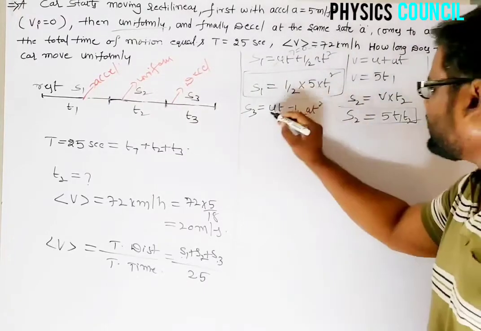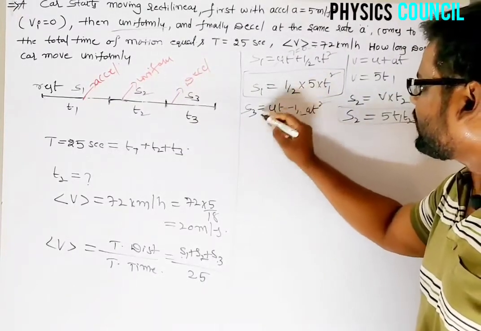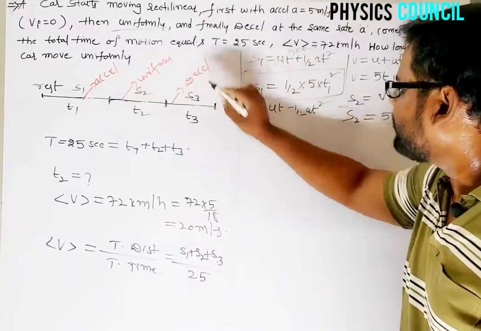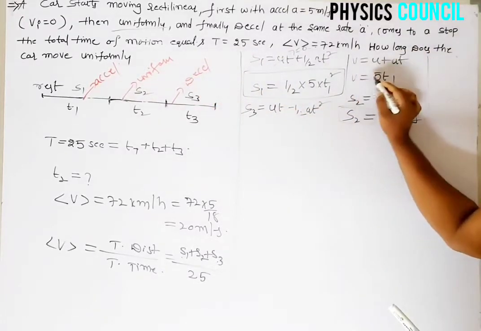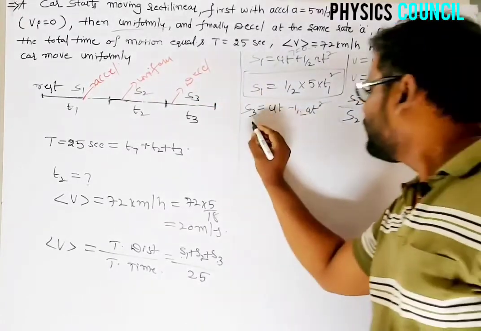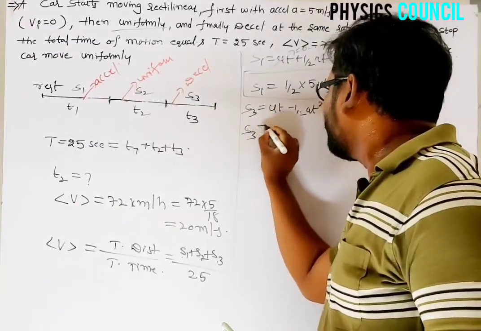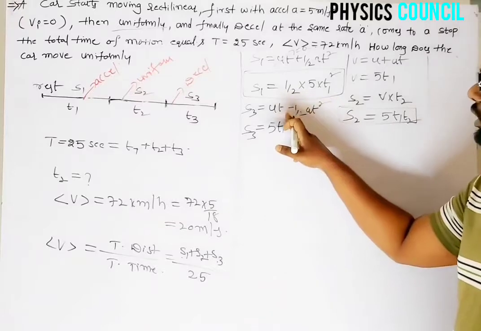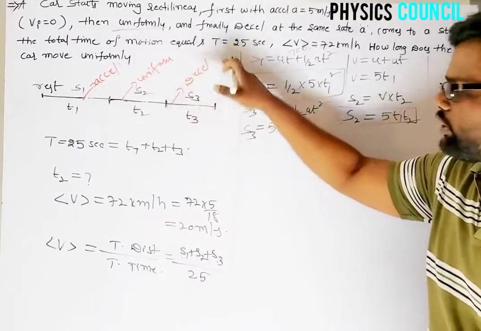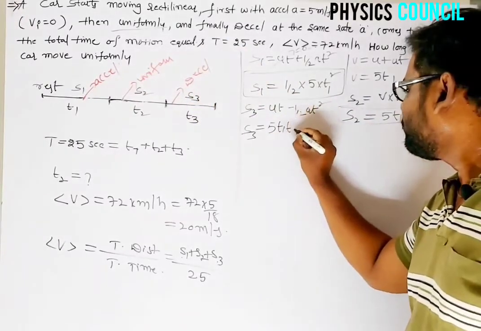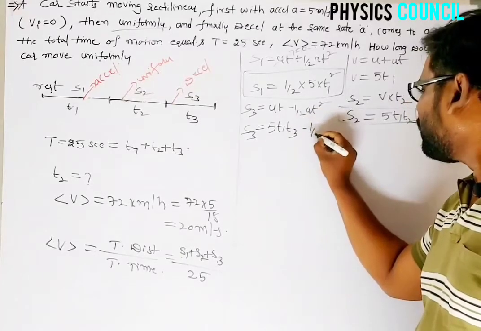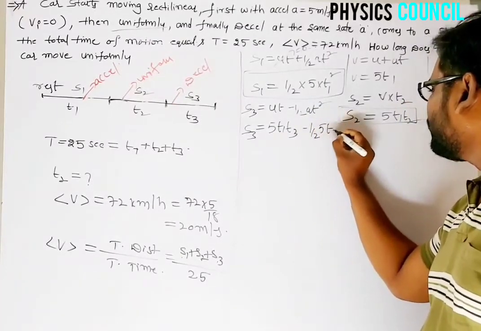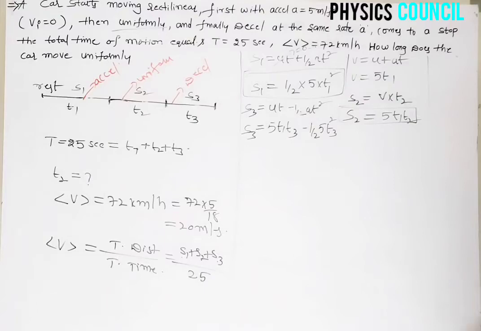So that's why the initial velocity in the case of deceleration is v equal to 5t1, isn't it? So now s3 is equal to 5t1, right? So t means the time taken in the case of deceleration motion, that is t3, minus half 5 t3 square, isn't it?